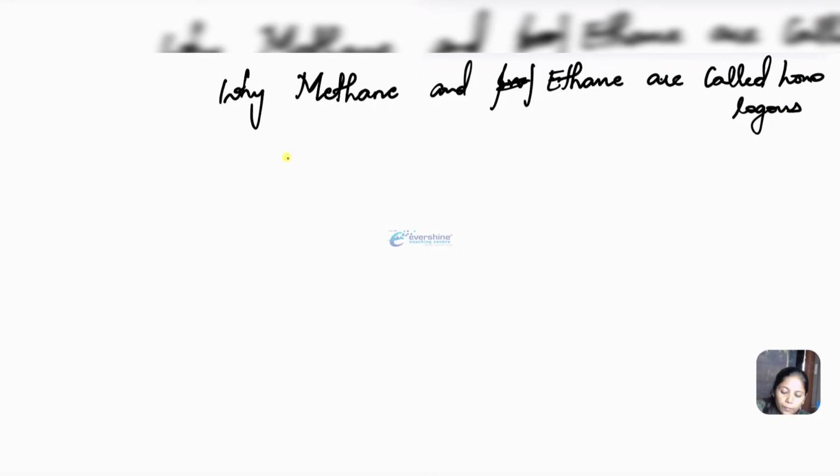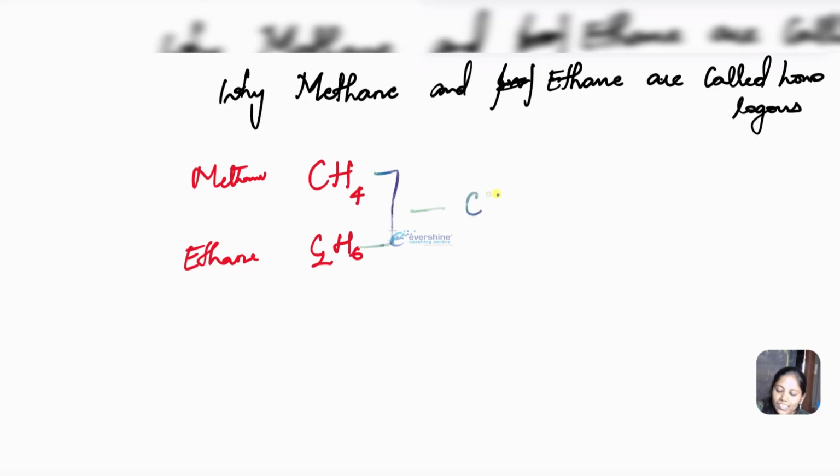Methane is CH4, ethane is C2H6. What do they differ by? Yes, they differ from each other by a CH2 group. Hence both are called homologous. Got it? I hope you understood what homologous is.